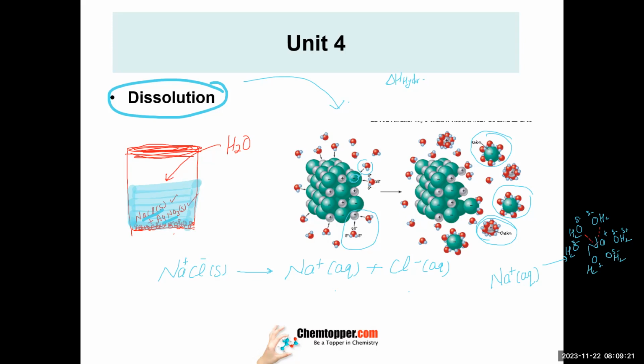Who is going to tell me the name of this attraction? Remember, you have done so many names: hydrogen bonding, dipole-dipole, induced dipole, and ion dipole. But induced dipole is there in non-polar molecules.